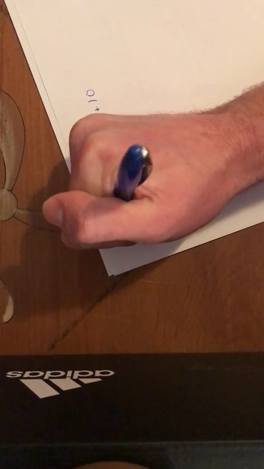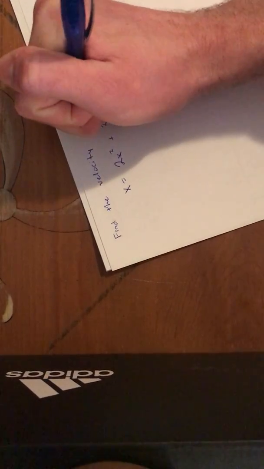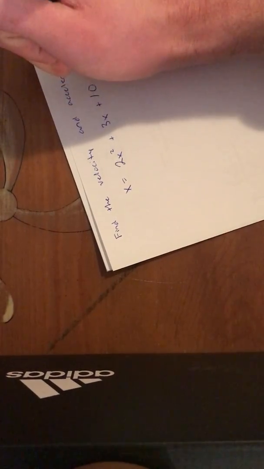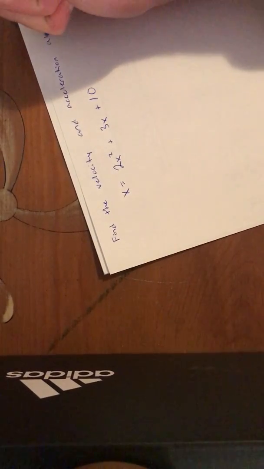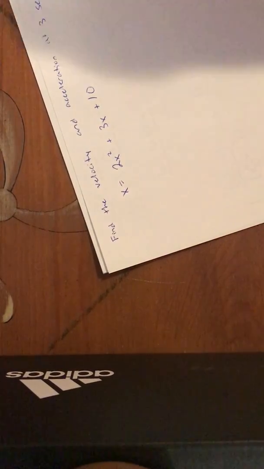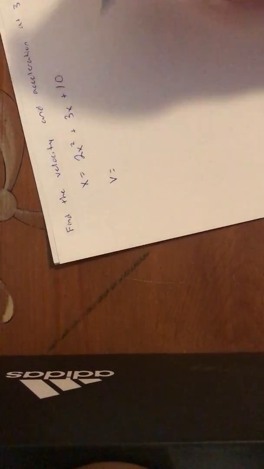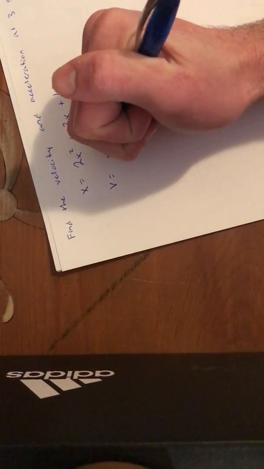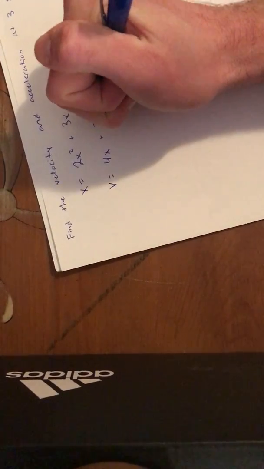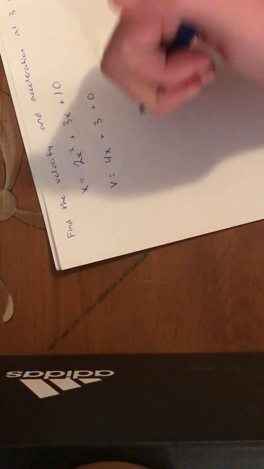Say, find the velocity and acceleration at 3 seconds. So this is my position equation. My velocity equation is just the derivative of that, right? So I'm going to have 4x plus 3 plus 0. So that's my velocity equation.